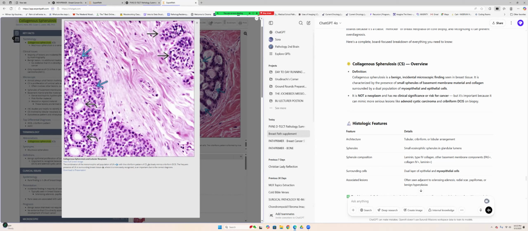The frequent presence of lobular neoplasia in surrounding breast tissue, where it is more easily recognized, is an important clue to the correct diagnosis.